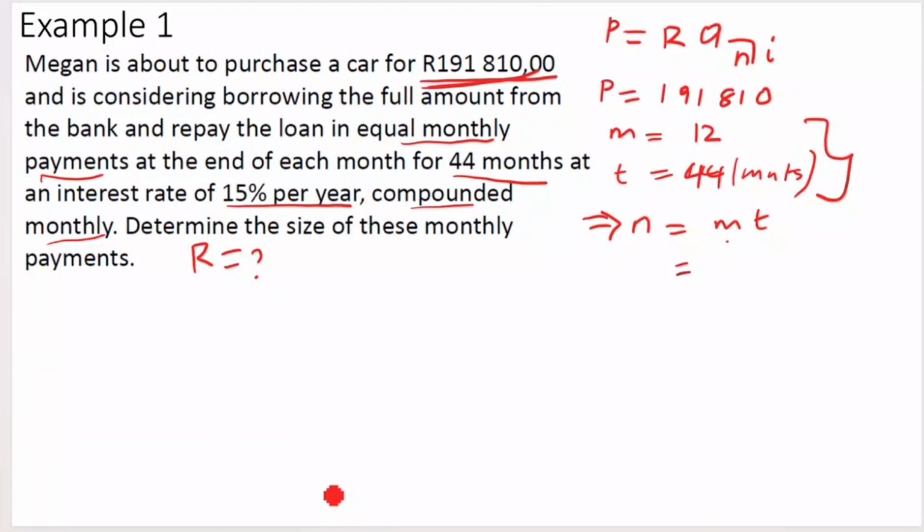What is your M? Your M is 12, because this is months, so now you are going to have 44 over 12. That's very important, guys, you must convert this T by the number of the compounding periods, which is the months.